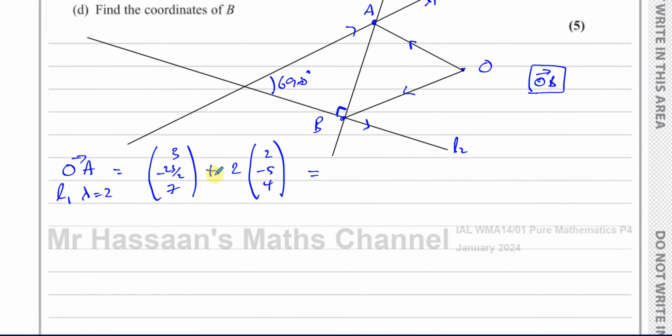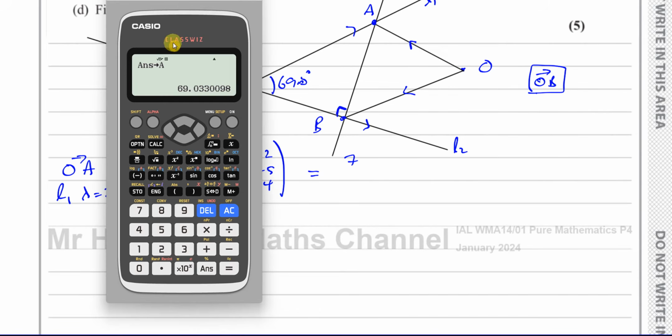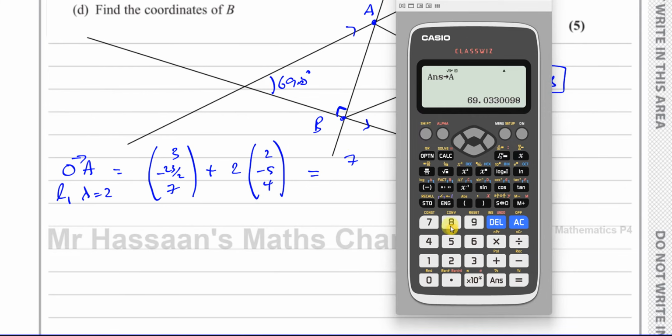So I have 3 plus 4, 3 plus 2 times 2, 4, which is 7, minus 23 over 2, minus 10. Okay, so I'll just do that here. Minus 23 over 2, and take away 10.